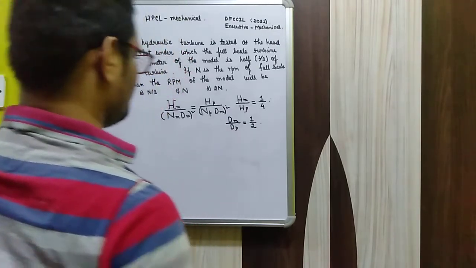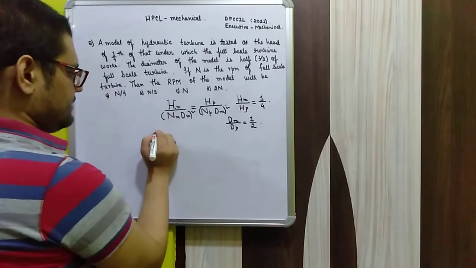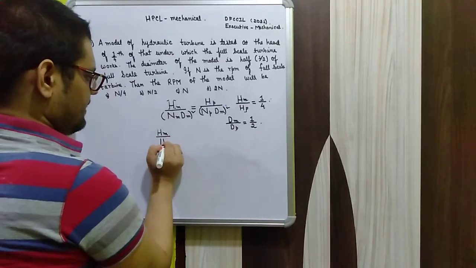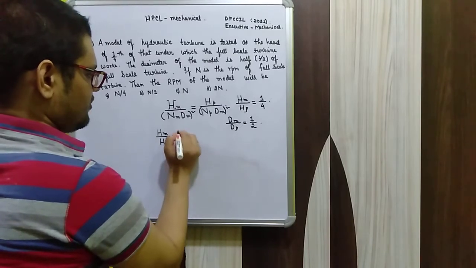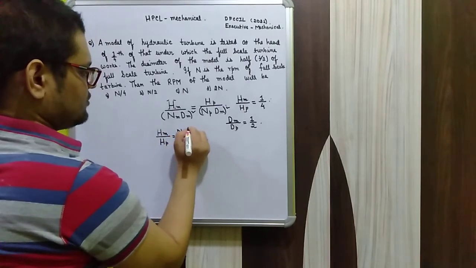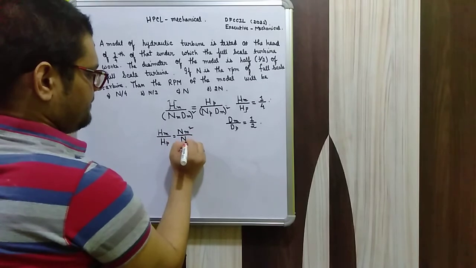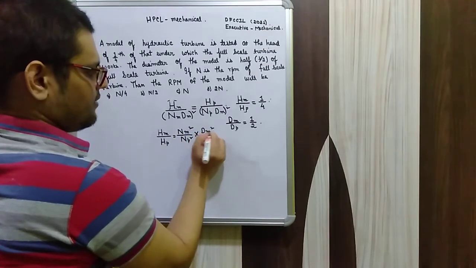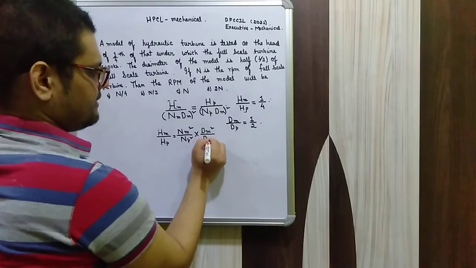Now we come to the general equation: Hm divided by Hp is equal to Nm square by Np square into Dm square by Dp square.